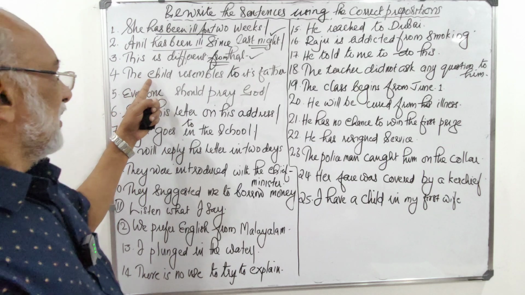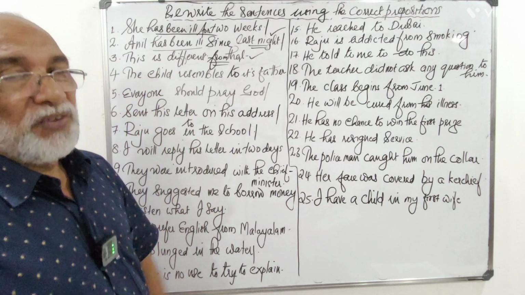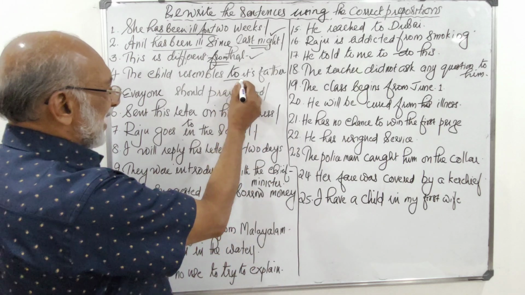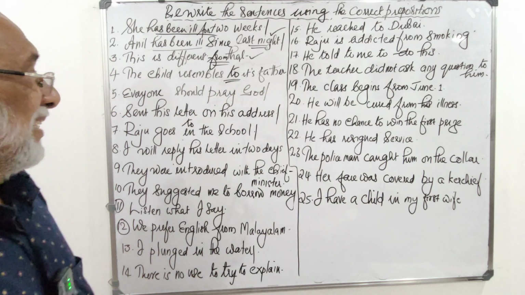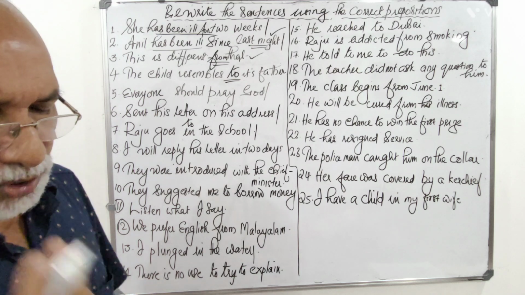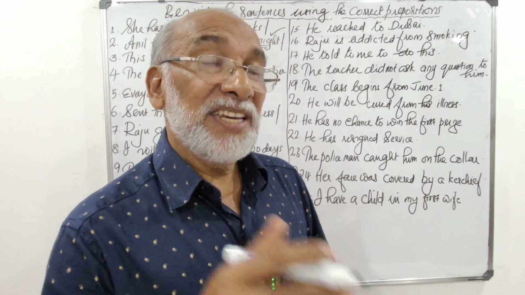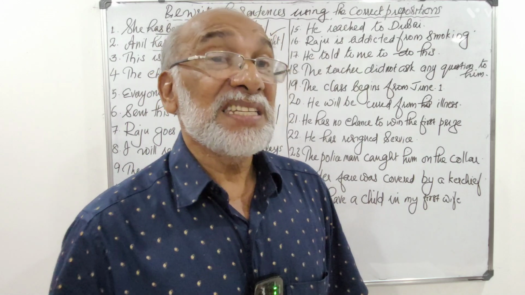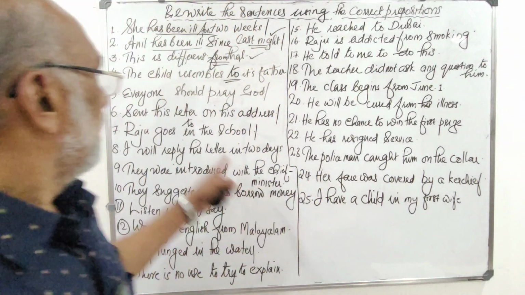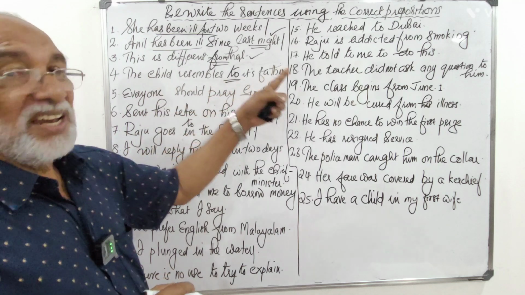Fourth one, the child resembles to its father. This to is actually not needed there. The child resembles its father. To speak about the resemblance, there is a very good expression, an idiomatic expression, and that is take after. We can very well say the child takes after its father.